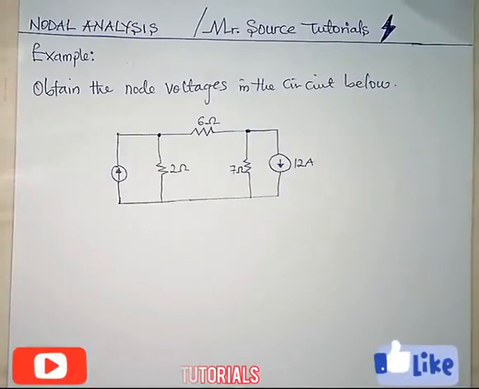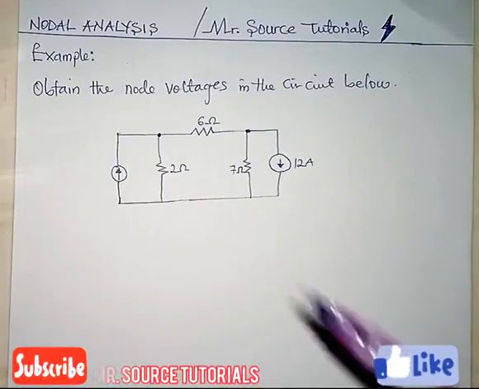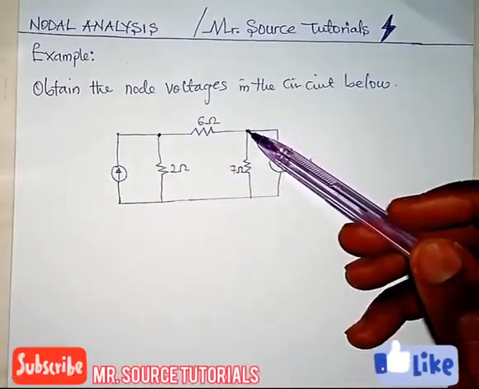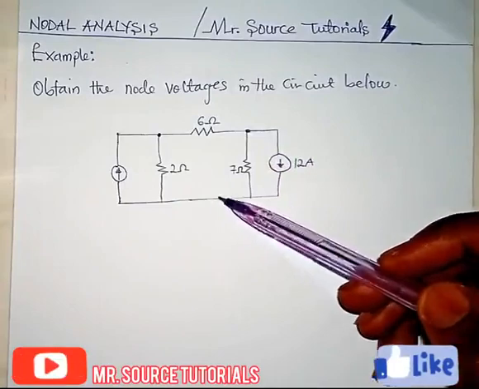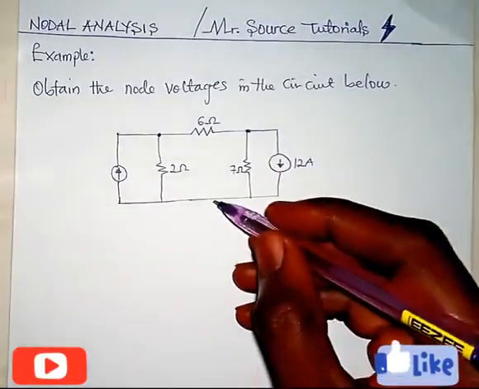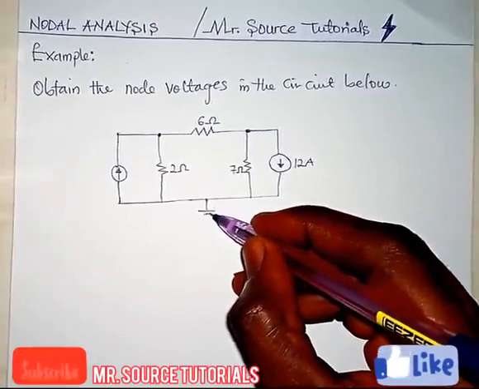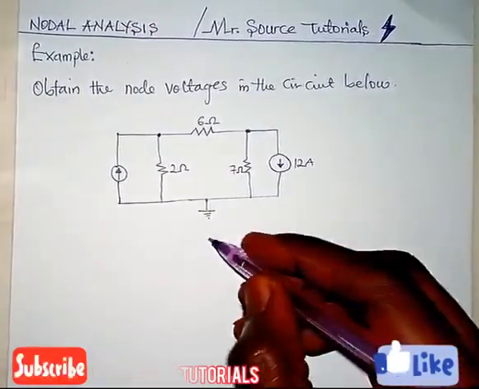The reference node is simply the common node to which all other nodes are connected. As you can see, this node 1 has a link to this point. This node 2 has a link to this point. So our reference node is always taken from the ground part of the solution.